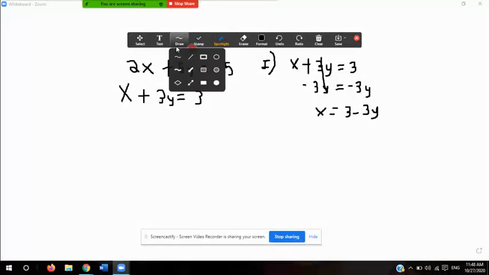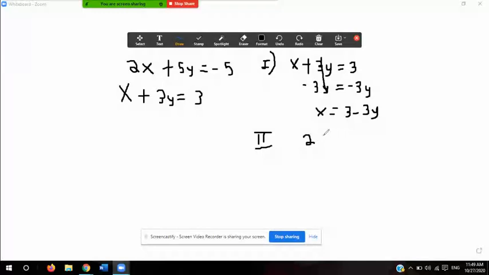So instead of writing 2x plus 5y equals negative 5, I'm going to turn that into the following equation. I'm going to take this expression right here and plug it into this equation.